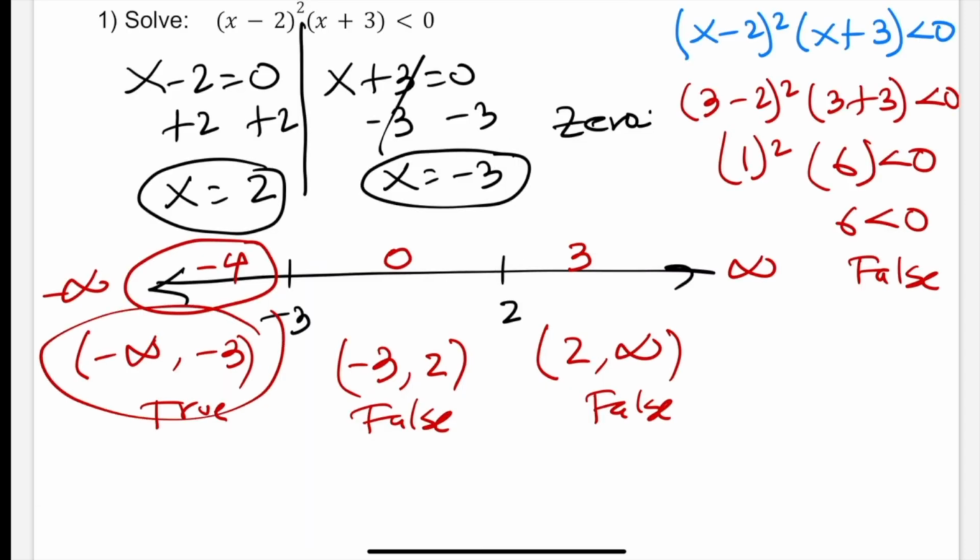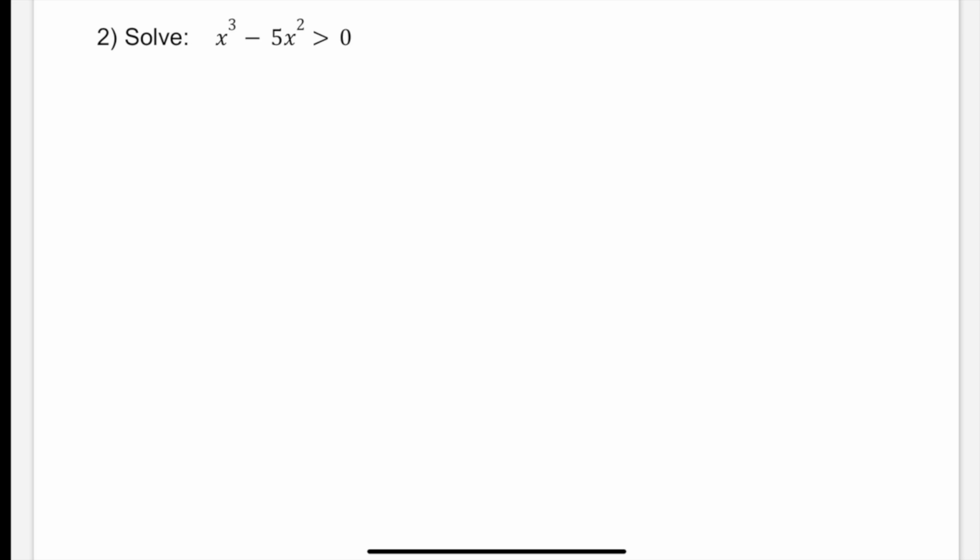Let's do one more. Now I'm giving you something that is not in factor form. So the first thing that I need to do is to factor this polynomial. So within this and this, I have an x squared as a common factor. Parenthesis, x cubed divided by x squared is x, minus 5x squared divided by x squared is 5.